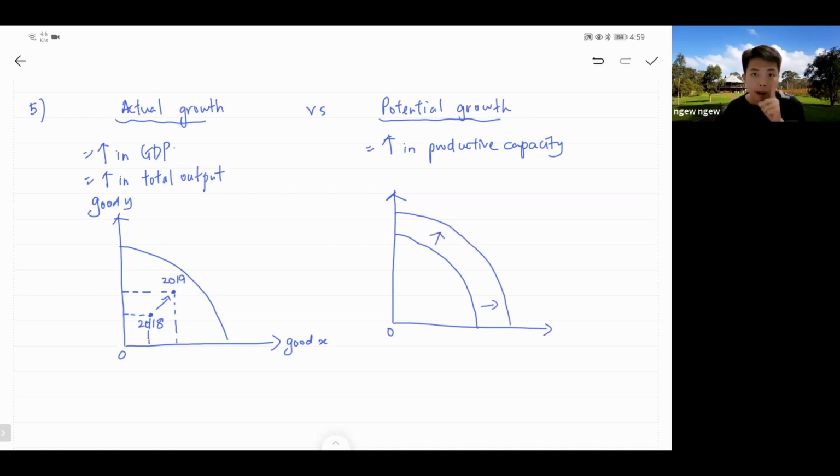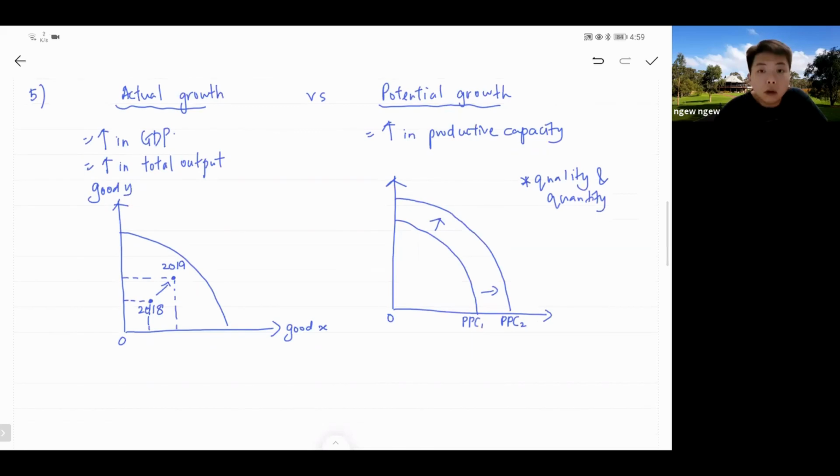And remember just now we mentioned that the productive capacity is constrained by the quality and quantity of resources. Therefore, for the country to move from PPC1 to PPC2, there can be many reasons, and the reasons ultimately boil down to a change in quality and quantity.